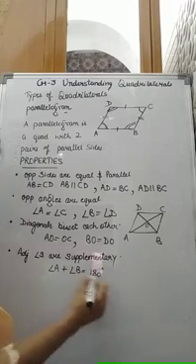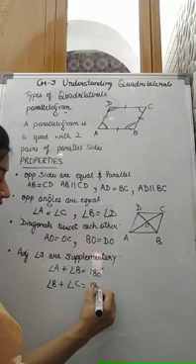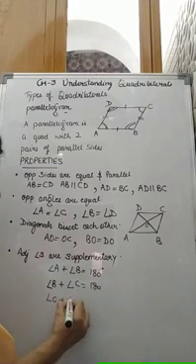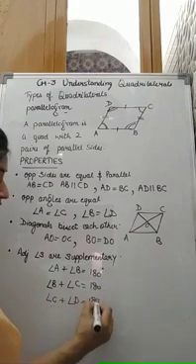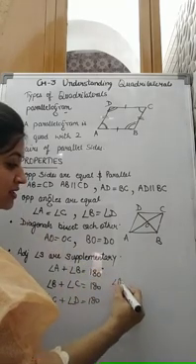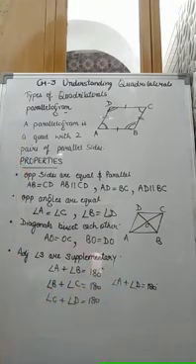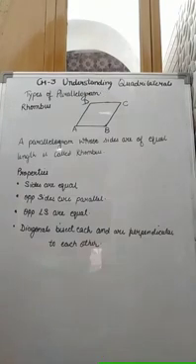Supplementary means they are forming 180 degrees. Angle B plus angle C also form 180 degrees. Angle C and angle D also form 180 degrees, and in a similar manner angles D and A also make 180 degrees. So adjacent angles are supplementary.